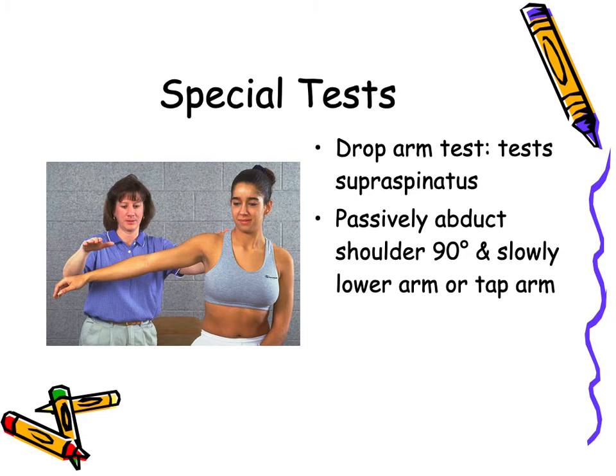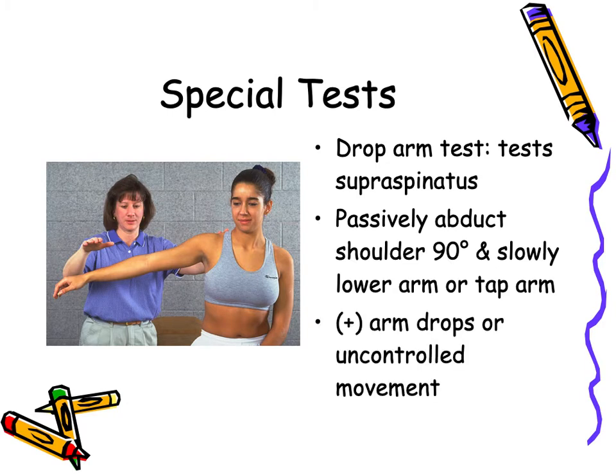So again, you bring it up to 90 degrees on their side, then slowly ask them to lower the arm down or tap their arm down. A positive test is the arm drops, or we have an uncontrolled movement. They can't stop their arm from moving down because if the supraspinatus is torn, they can't stop that motion. It just drops on them.